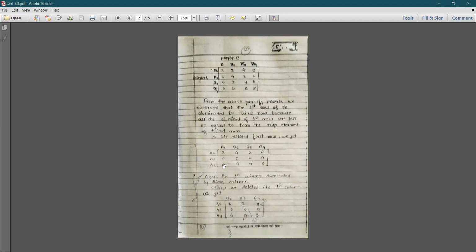Therefore, first column is dominated by third column, and thus we delete the first column, and we get the matrix B2, B3, B4, A2, A3, A4, and that is 4 2 4, 2 4 0, 4 0 8.